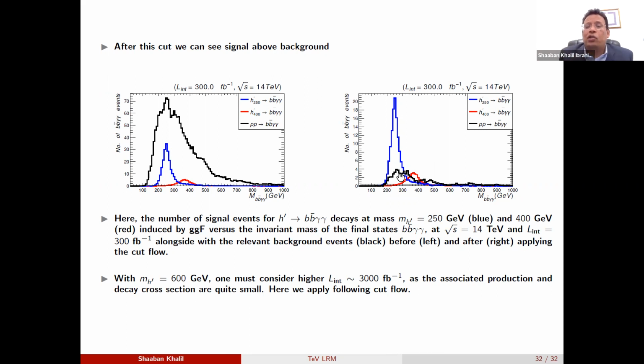This is an indication that it is possible. There is hope to probe this extra Higgs, which we call H prime. So this is one example. There are several particles in the model that could be light and could be probed at the LHC.